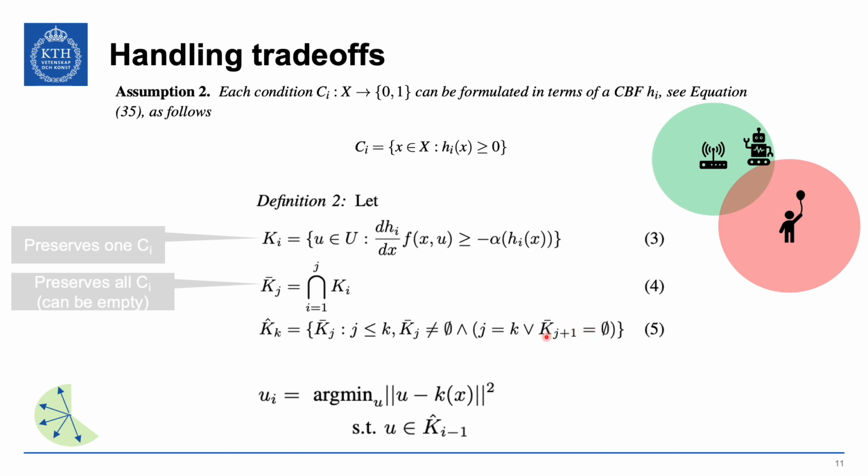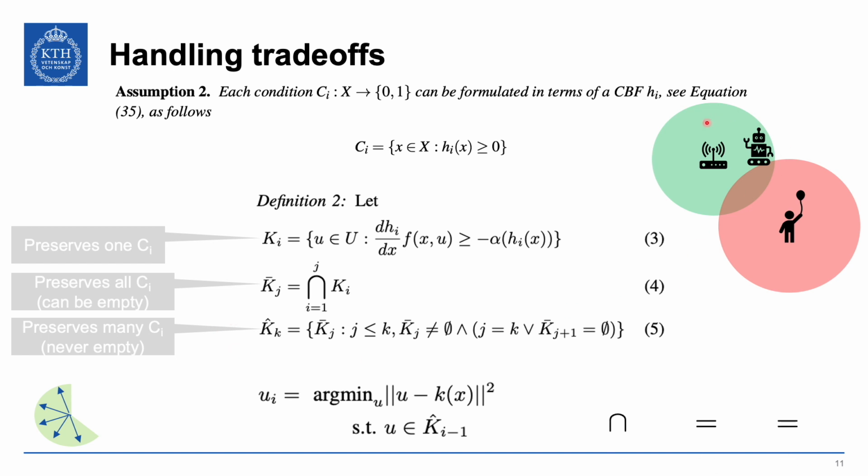So it's the biggest index here that is non-empty. That's how we sacrifice subgoals, by finding the biggest index that is non-empty, if the index we want is indeed empty. Otherwise we pick the one with j equals k here. So this preserves all the CIs achieved so far. This preserves many of the CIs, but it's never empty, and this can be empty.